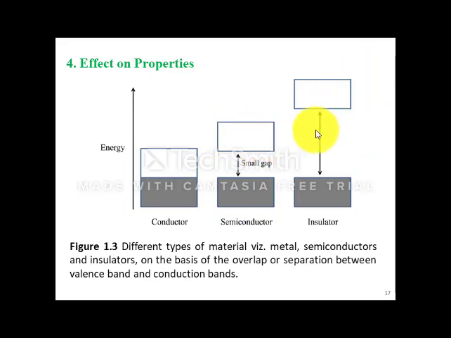And in insulators there is a large gap. This is why insulators are insulators, because the electrons cannot move from valence band to conduction band. In conductors, electrons can easily move from valence band to conduction band, and in semiconductors they move less easily. So these are three different types of materials.